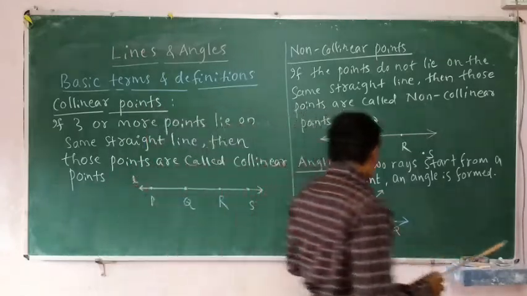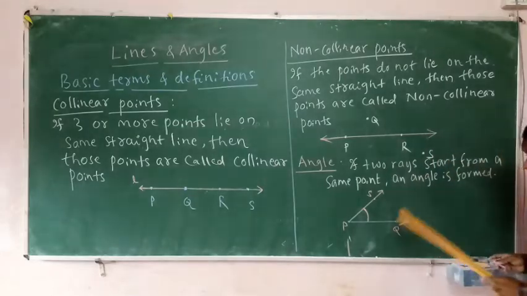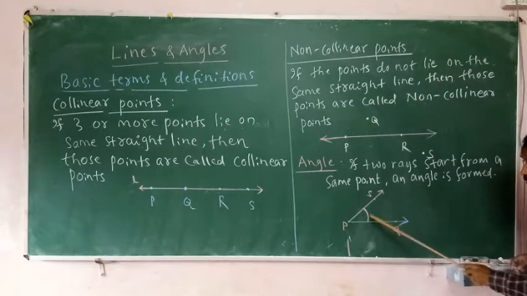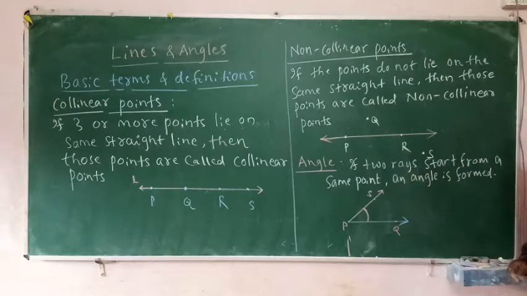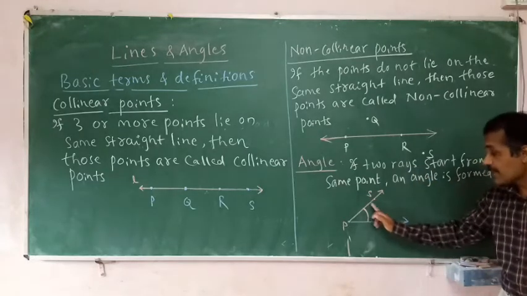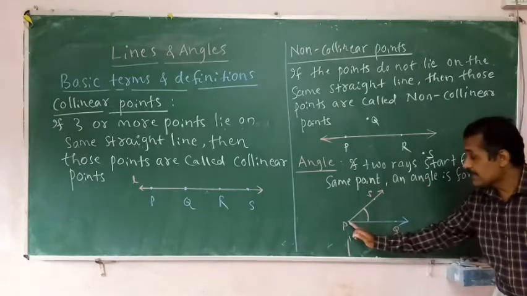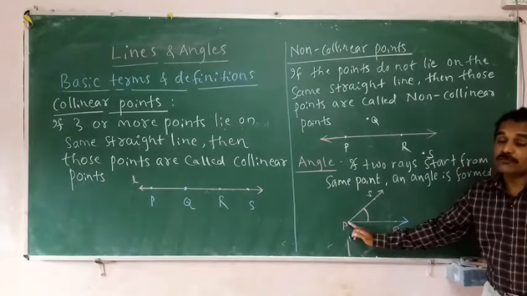This is an angle, but in this angle, these two are called the arms of the angle, and this is called the vertex of the angle.